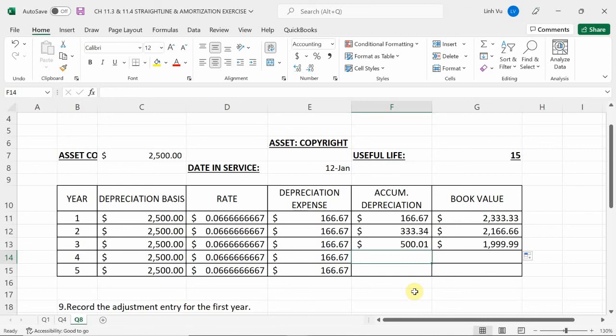Yes. So let me do that. Equal round. Okay. Or in this case, if equal round is too complicated for you, just type in the number. So if you're going to do 166.67 plus 166.67, you should get 0.34 cents, right?